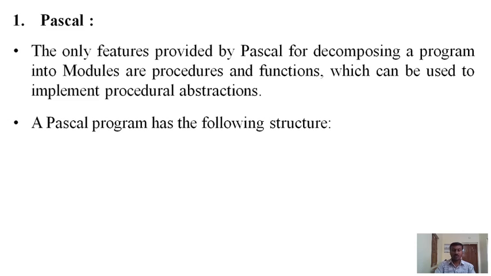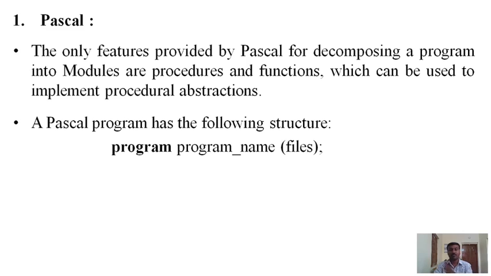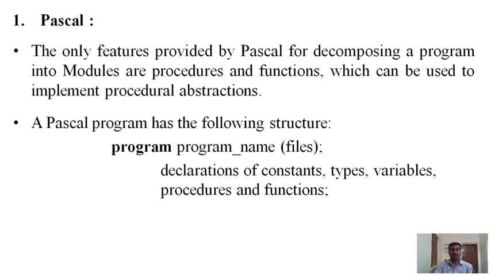Now we are going to discuss the Pascal program structure. The Pascal program structure looks like this format: program name, nothing but a file, and the declaration section. There we need to declare our data types, variables, procedures, and functions. Everything you need to declare here.